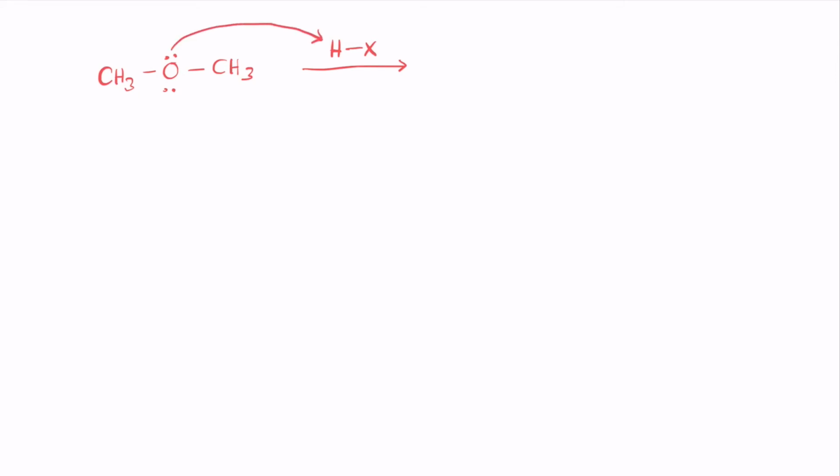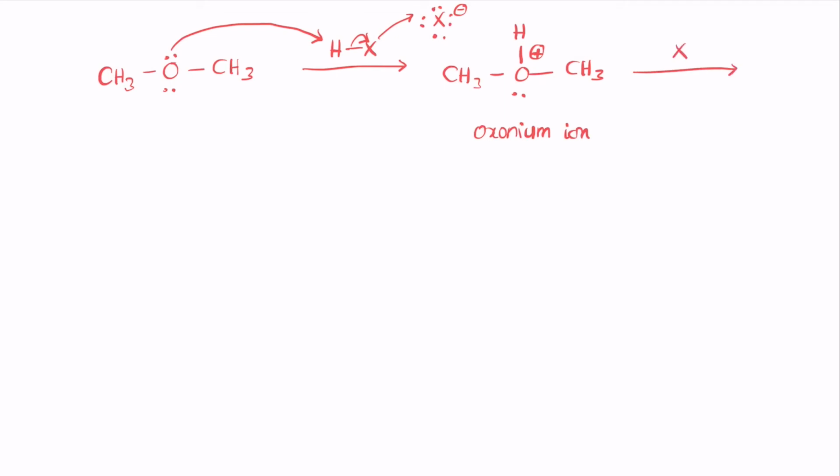The proton, noticing that it's going to bond with the oxygen, releases its electrons and gives them to the halogen X. The halogen now takes 8 electrons and goes out. This results in the formation of an oxonium ion: CH3, oxygen with two electrons, and a hydrogen, with a positive charge. The oxygen with a positive charge here is called the oxonium ion. Remember that oxygen generally does not have a positive charge, it generally gets a negative charge, but this time you have an oxonium ion. This oxonium ion gets attacked by the X minus that was released before.